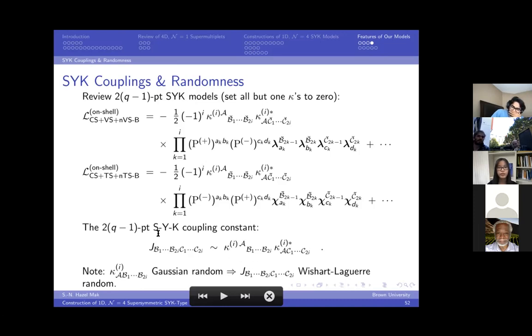So this can be written as an analog of the SYK coupling constant with more fermions. And when these kappas are Gaussian random, this J will be Wishart-Laguerre random also. So this is how we look at our models and recognize them as SYK vertices.